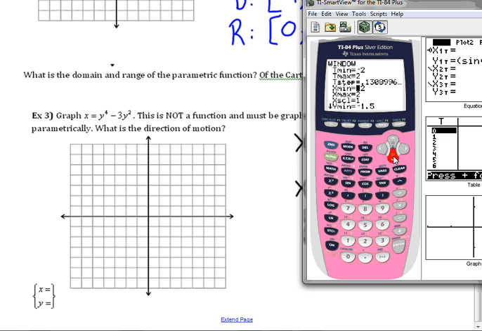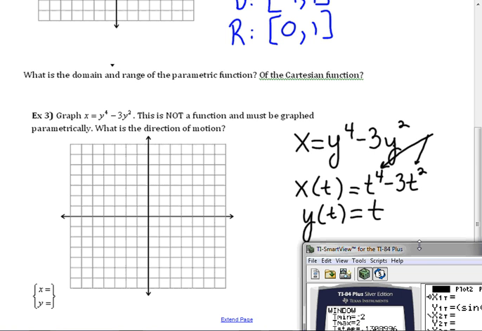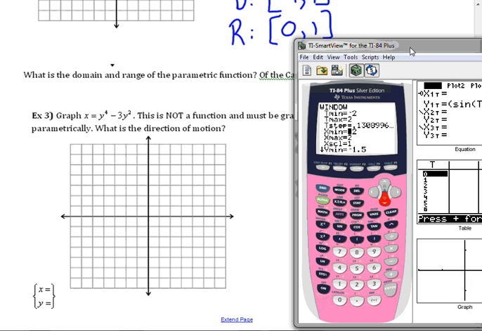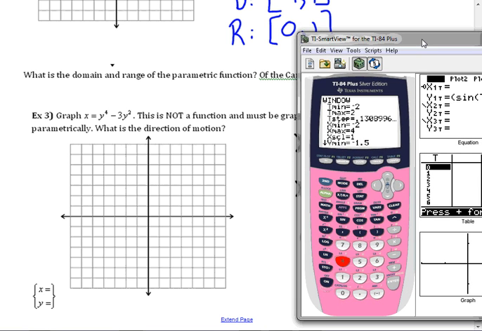How big is x going to be? X is t to the fourth. So if I let t equal 2, 2 to the fourth minus 12 is 4. Did I do that right? And then the y's are just the t values. So the y's have to be from negative 2 to 2.